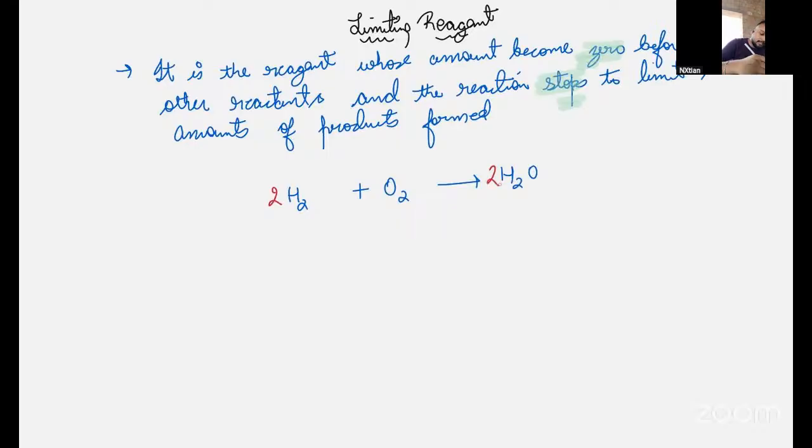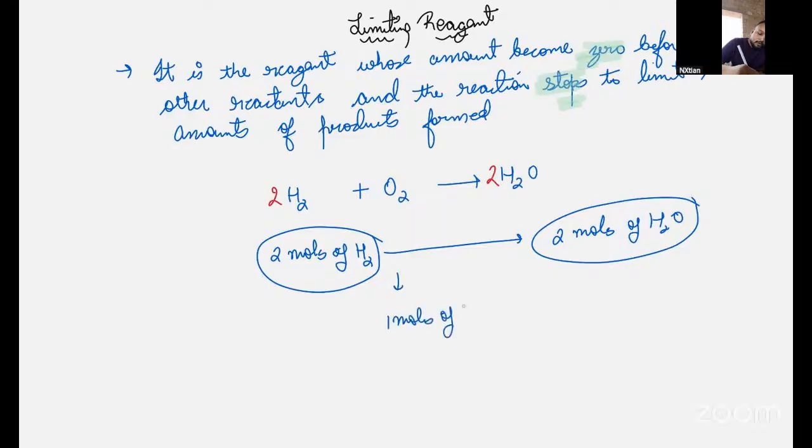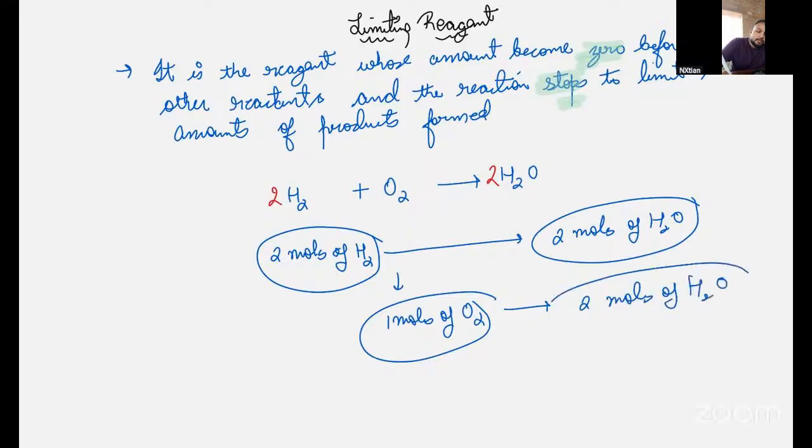So here we can see that 2 moles of hydrogen make 2 moles of water. And 1 mole of oxygen makes 2 moles of water.